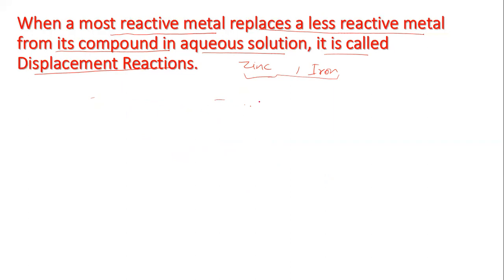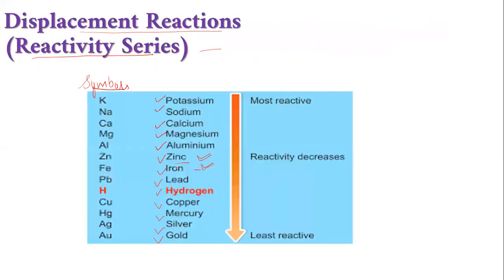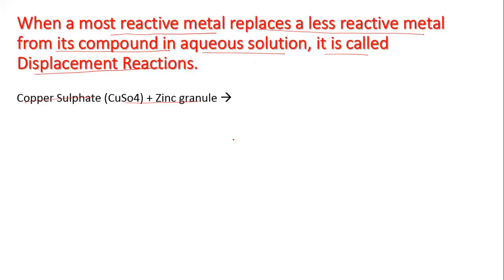First we have copper sulfate plus zinc granule. If we refer to the series, zinc is more reactive than copper. So zinc will replace copper from its solution, and we will find zinc sulfate plus copper.